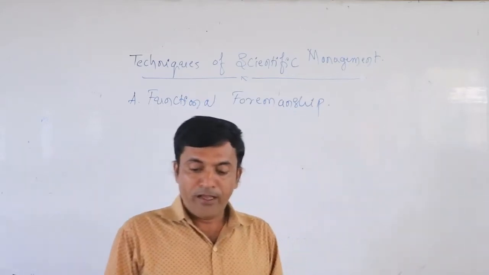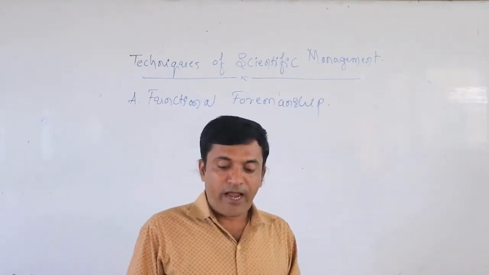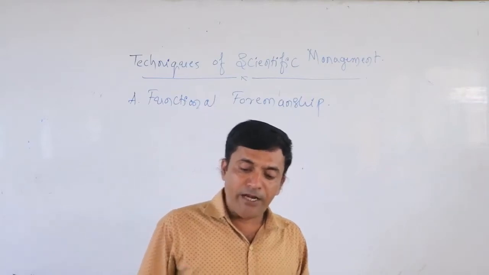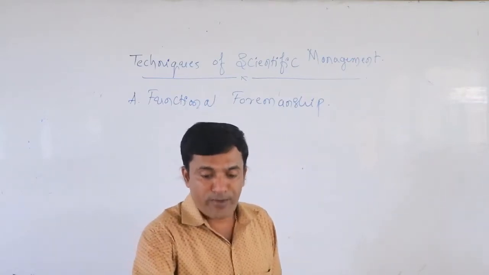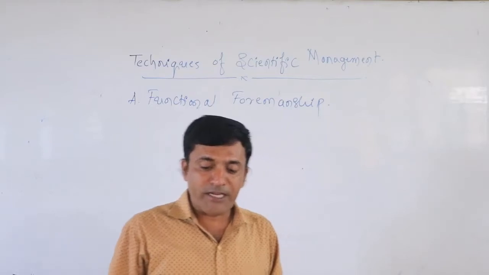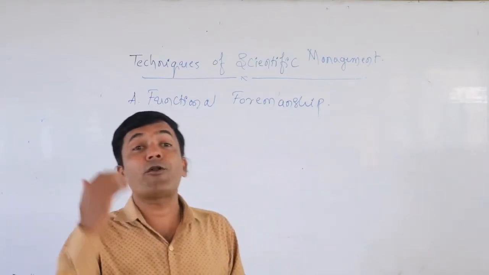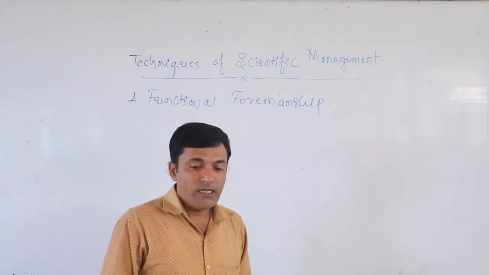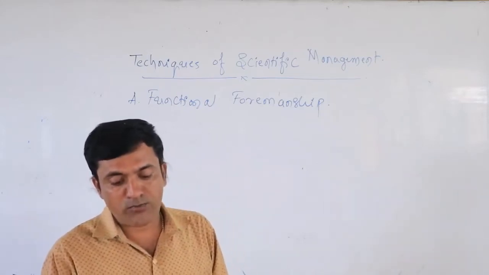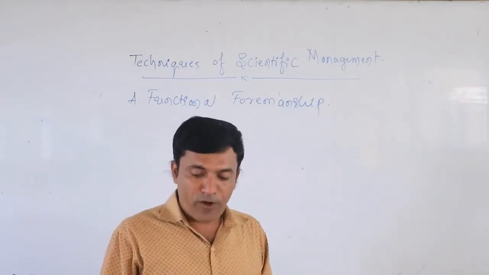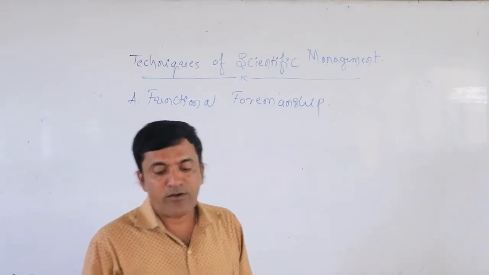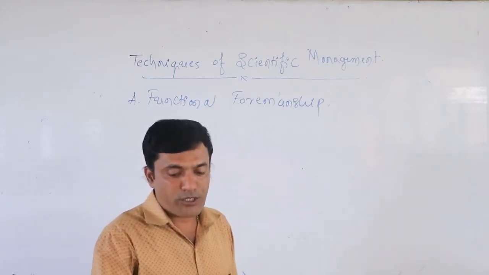Then the second point, each worker will have to take orders from 8 foremen. Very important. Each worker will have to take orders from 8 foremen in the related process of functions of production.